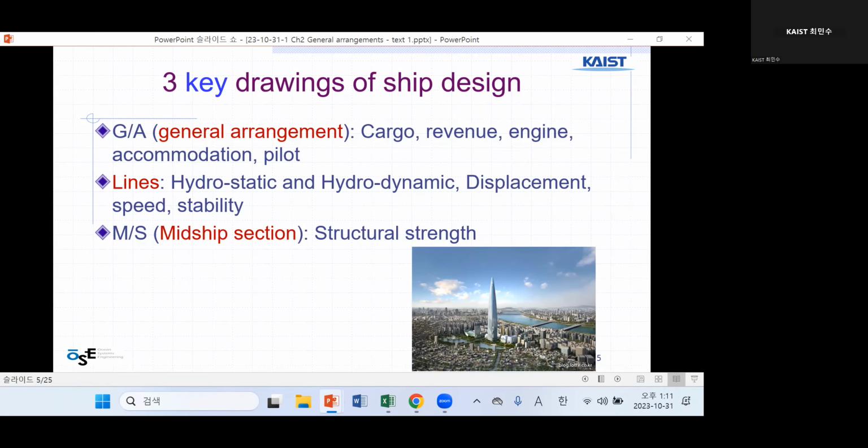And then lines, the shape is relatively simple, but it is not straight. A curved circle. You need to have a special design there.